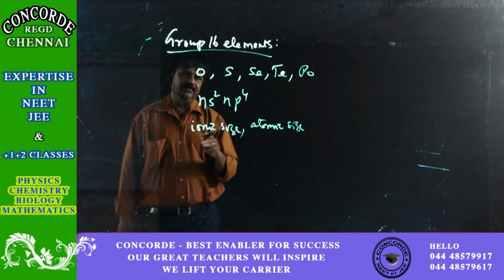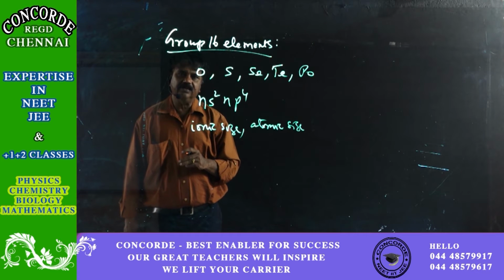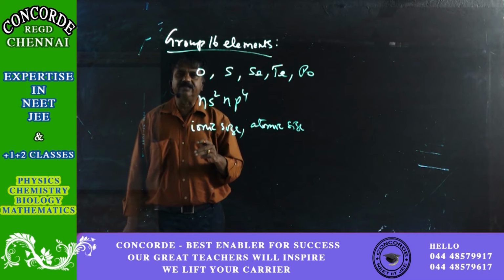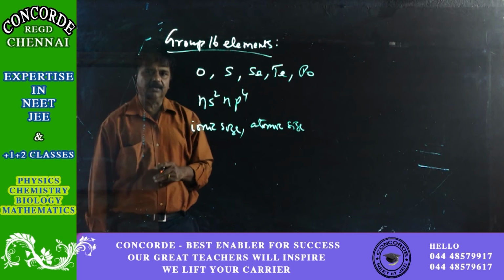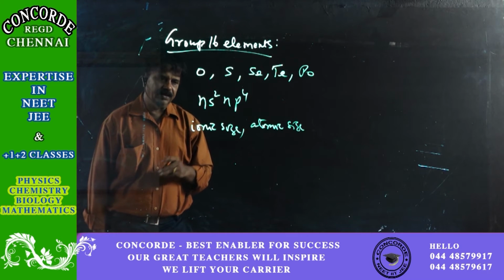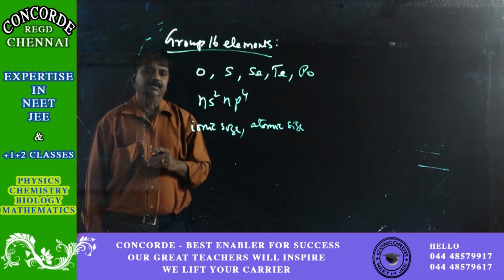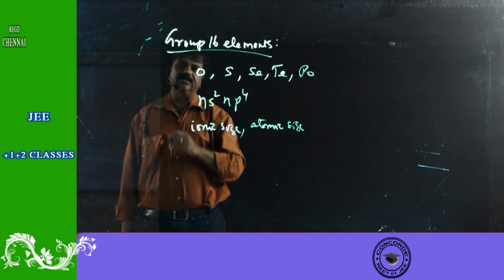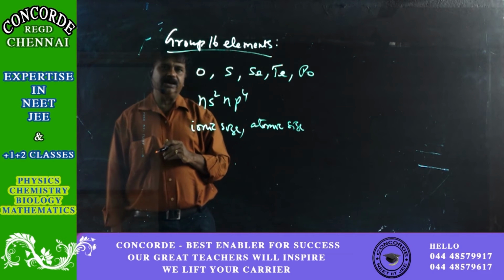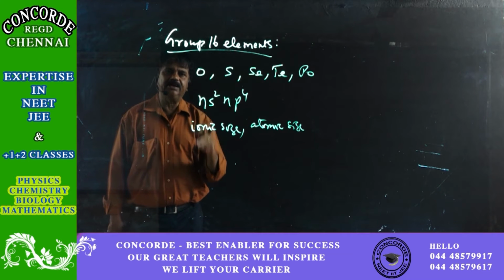Ionic and atomic size increases down the group, and oxygen has the tendency to accept 2 electrons to gain stability. Oxygen has a high electronegativity, and the electronegativity decreases down the group.